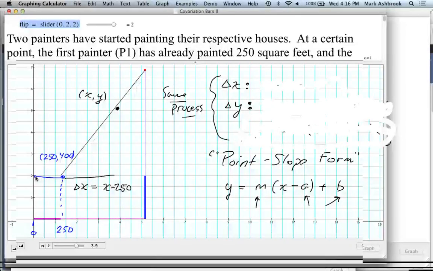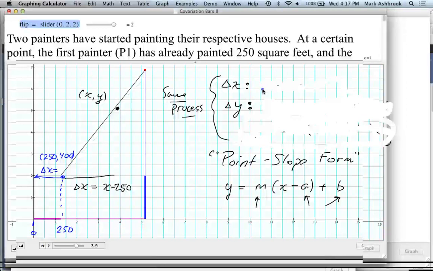Decreasing. So the question is by how much? 250. So delta x should be? Daniel, 250 minus 0 or 250? Agree with that?